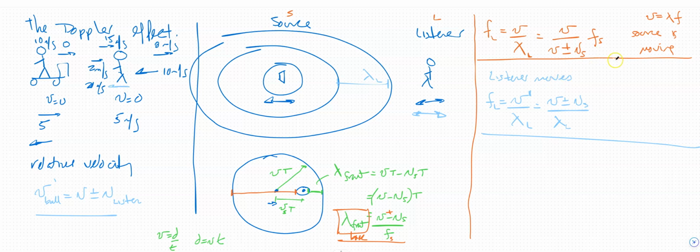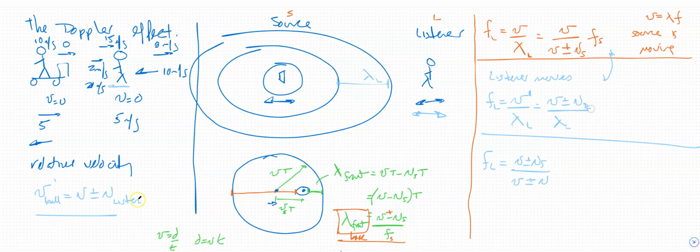Well, I'm going to combine these two equations. I'm going to put in the numerator what happens if the listener moves, which is the same thing here, and I'm going to put what happens if the source moves, which is what we put on the other one. Oh, there's a mistake here.